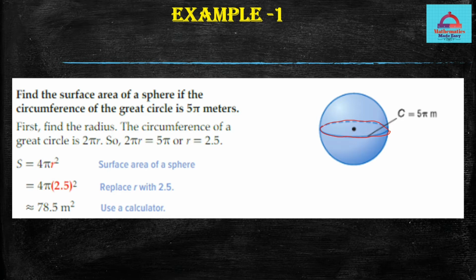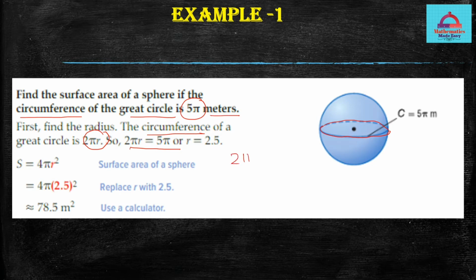Now, what are we given in the question? We are given the circumference of this great circle, which is equal to 5 pi meters. Now, I hope you can remember from your previous lessons that the formula for the circumference is 2 pi r, and that is given to you as 5 pi meters. So let's equate both of them, cancel out the common factor and get our radius.